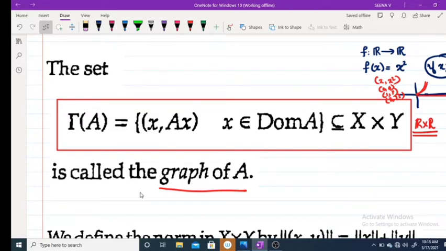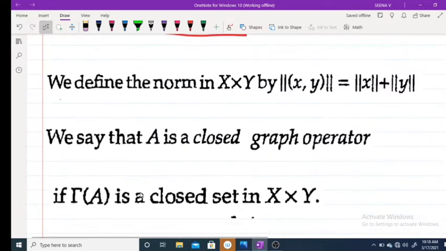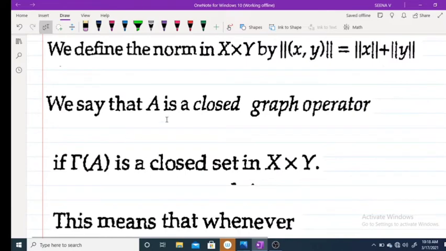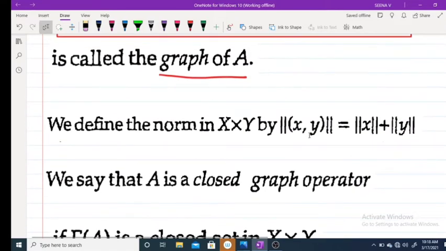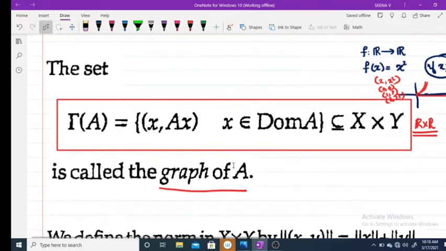Now we define a norm on X cross Y by norm of (x, y) equal to norm of x plus norm of y. X and Y are linear spaces, so X cross Y is a linear space, and here we are defining a norm on it.